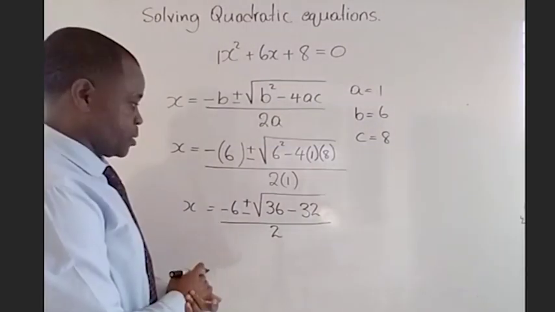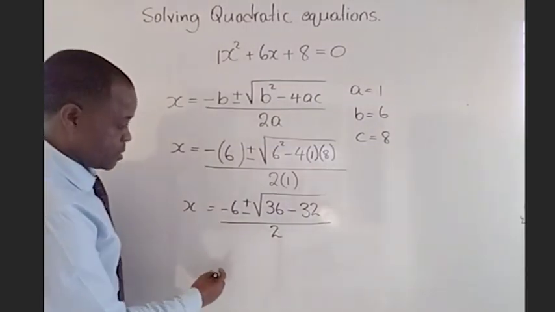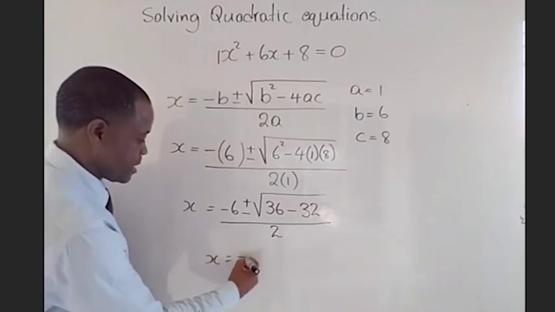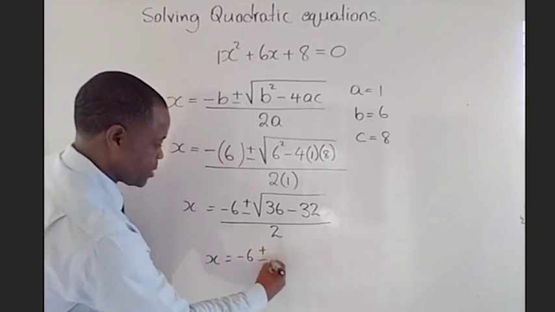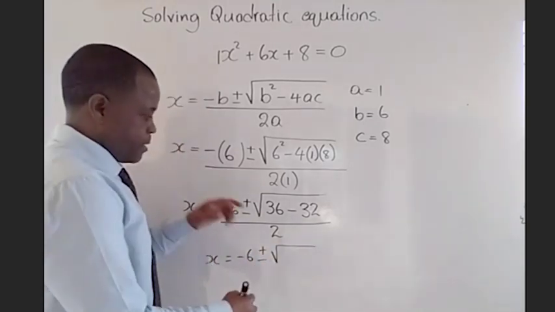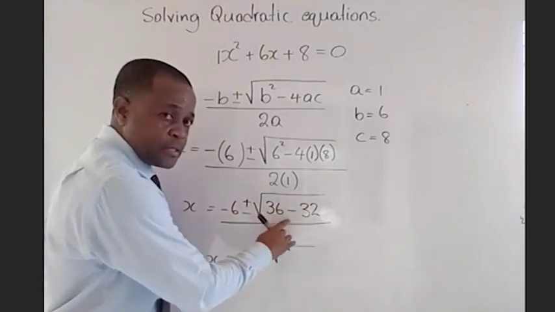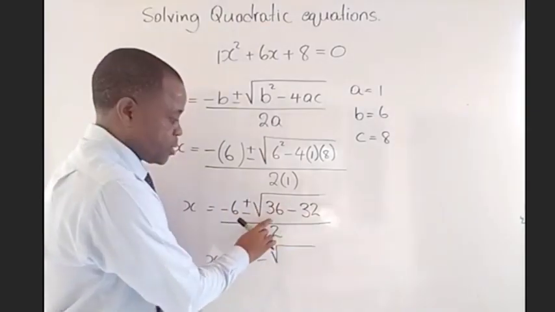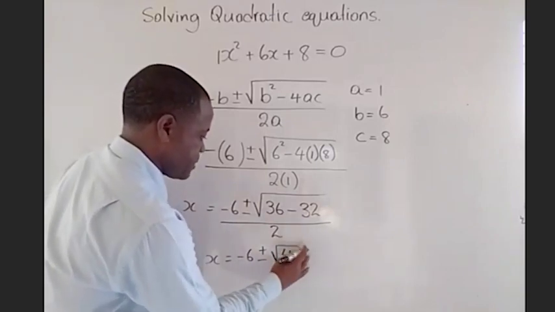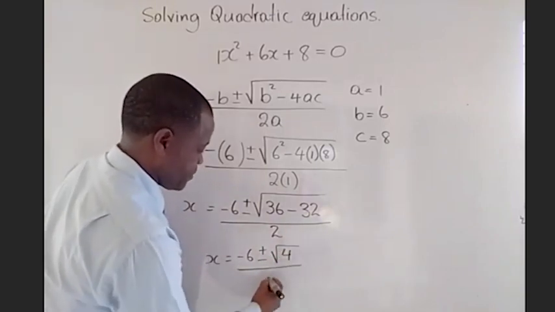Still have some working out to do, so let's go ahead. So we end up with x is equal to negative 6 plus or minus the square root. Now here, we're going to work out what is underneath the square root sign. So 36 minus 32 will end up giving me 4, and that's all over 2.